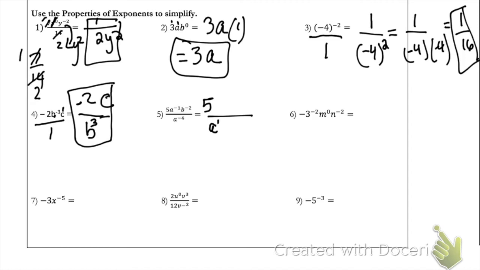This b to the negative 2 will also be moved, so it's b to the positive 2 on the denominator. This one here, a to the negative 4, it's on the denominator now. I can shift it up to the numerator and drop the negative sign. So as you can see, I just moved things around, and now I don't have any negative exponents.